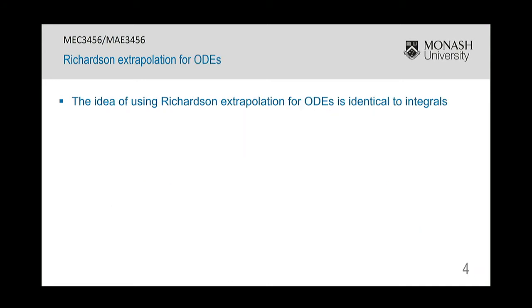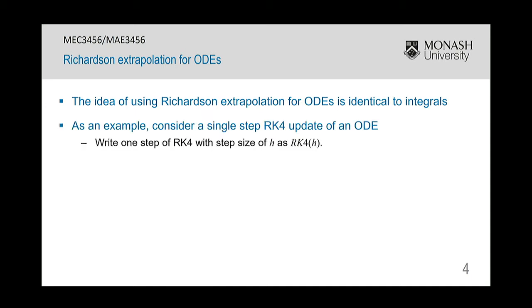The idea of using Richardson extrapolation for ODEs is identical to using it for integrals. So, as an example, we will consider a single step of the RK4 update of an ODE. We're going to write this RK4 update with a step size of h as a function here, RK4 of h. Basically, this thing here represents calculating that k1, k2, k3 and k4, and then updating y_i plus 1 is equal to y_i plus a whole bunch of stuff there.